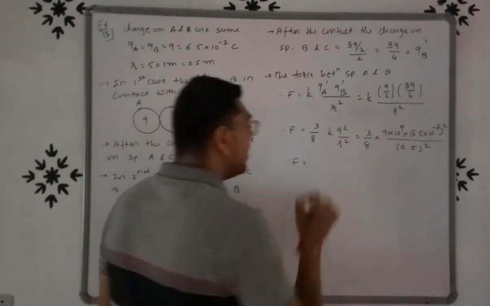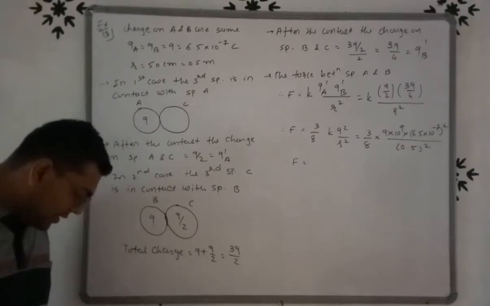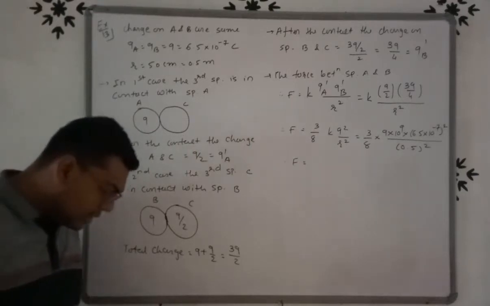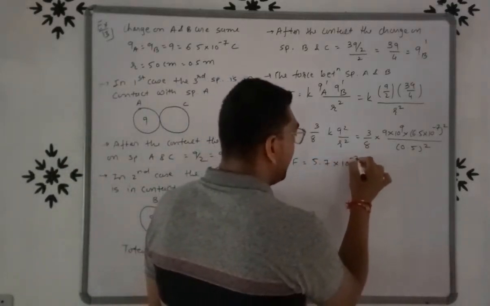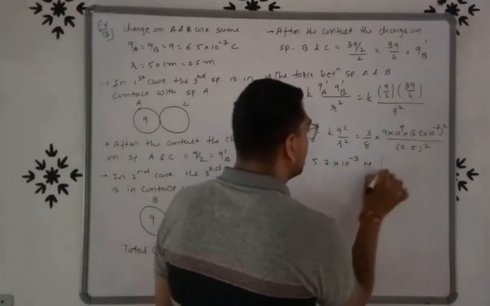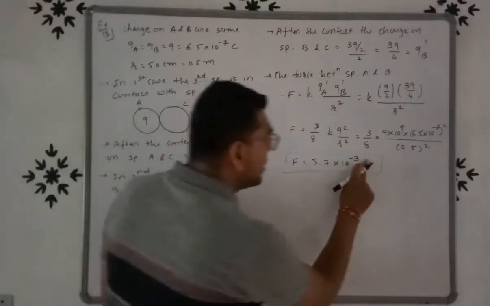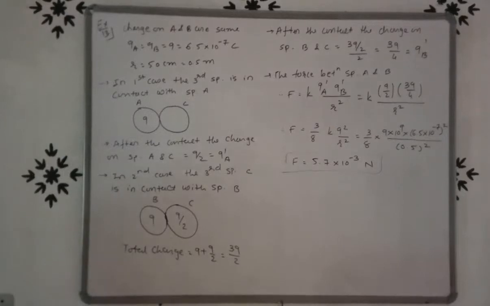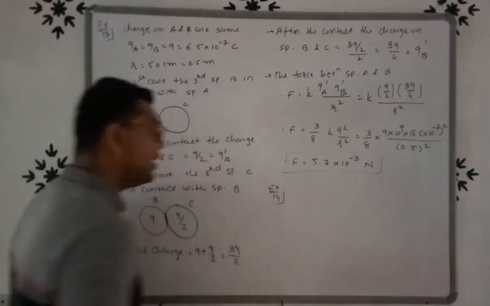After the calculation friends, you will get force F is equal to 5.7 into 10 raised to minus 3, and the unit of force is Newton. So this is example number 13.